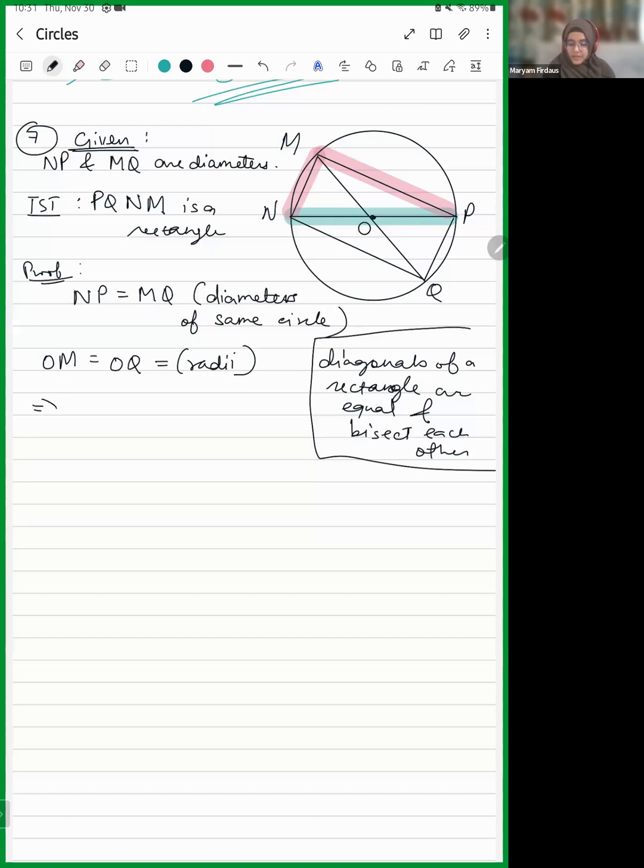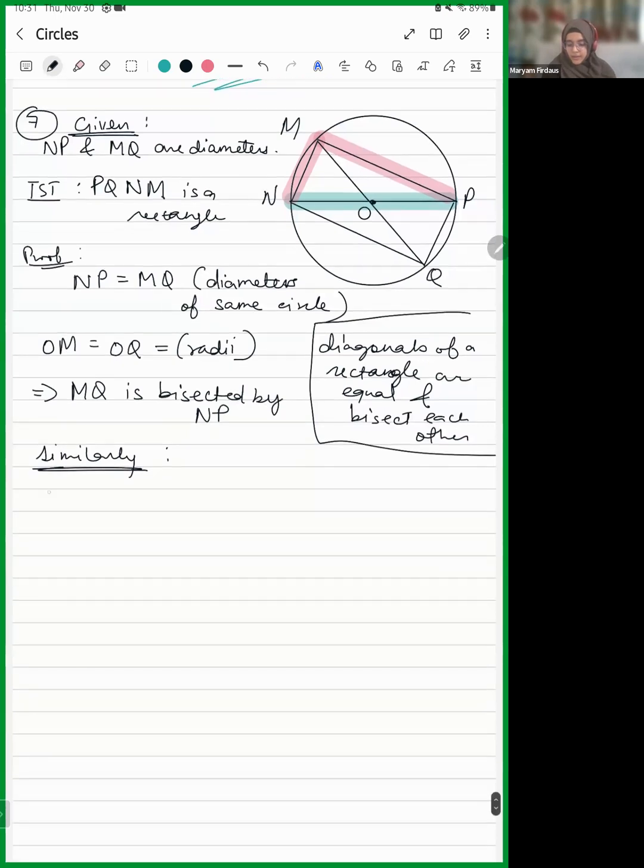That means this line segment MQ is bisected by the line segment NP. Similarly, bisected means it's being divided into two equal halves. Similarly, NP is bisected by MQ. If you're not understanding, please ask.